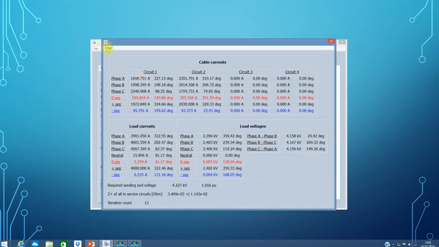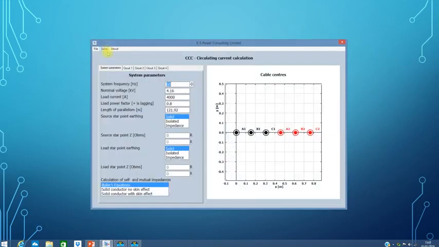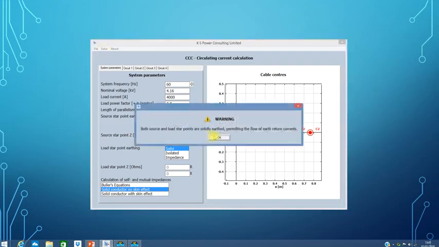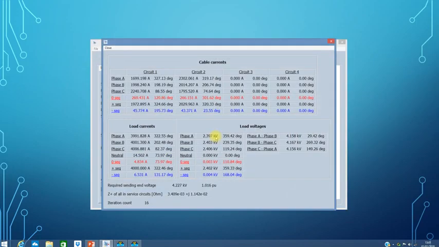We could do the calculation assuming a solid conductor with no skin effect, and when we run the calculation we now get 269 amps. So there is really no difference between using Boole's equations and modelling the conductor as a solid conductor.